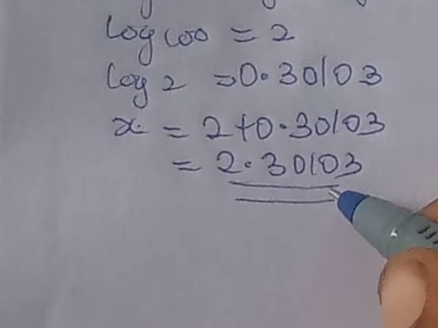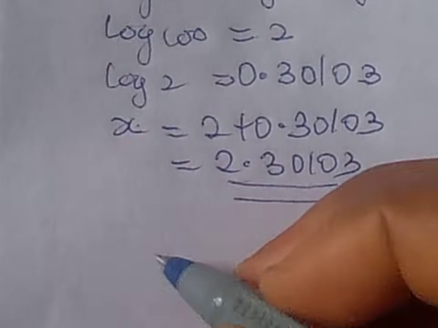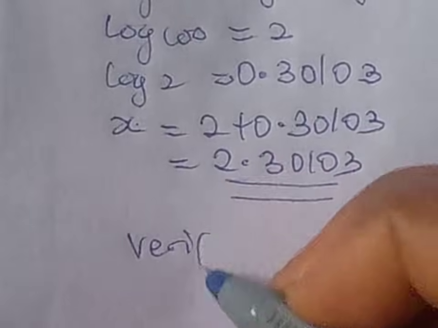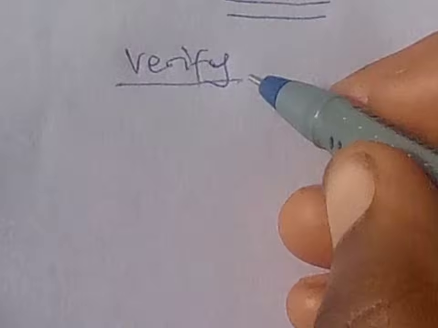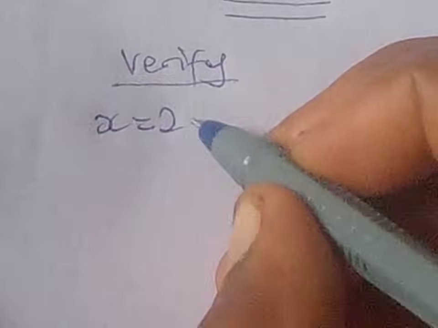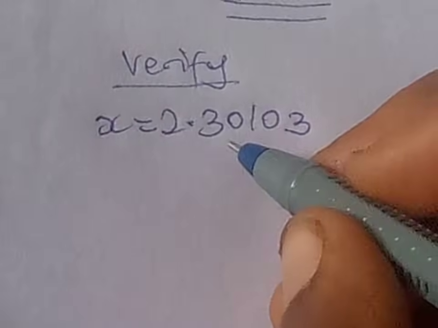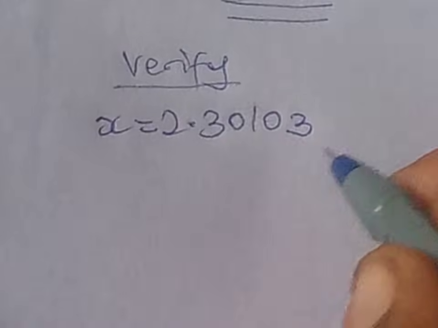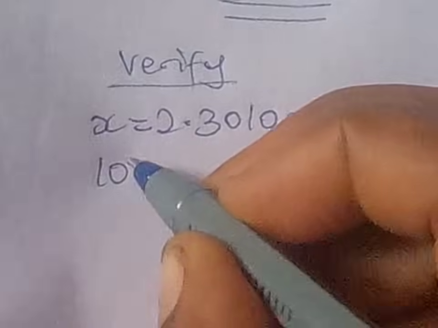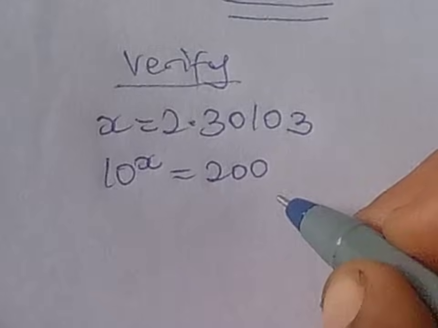Now let's verify if x is truly this. If x equals 2.30103, remember, during the course of our calculation, our 10^x gave us 200.